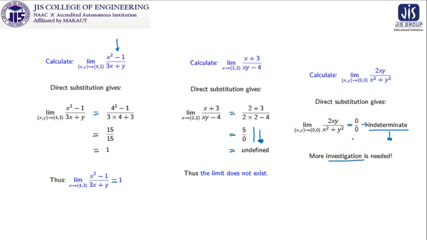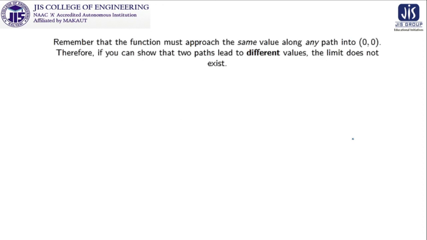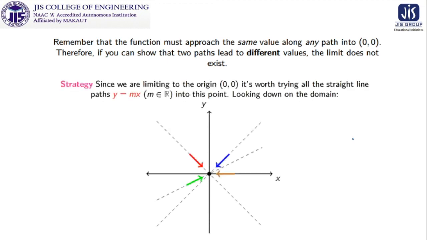These will be discussed in the next class, because we need an elaborate discussion on limit and continuity of functions of several variables. But we have to remember one thing: the function must approach the same value along any path, because you are approaching through a surface like this. The general strategy is to approach the point along the line y equals mx, if it is passing through the origin.